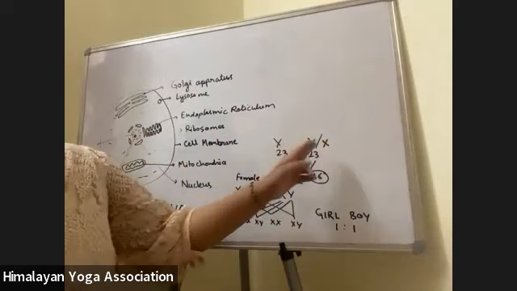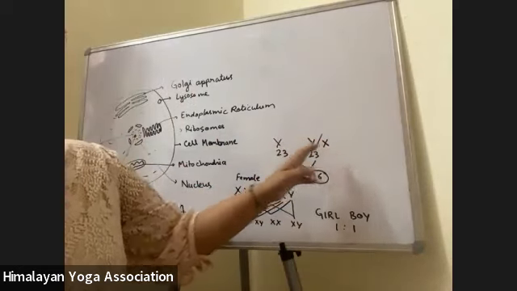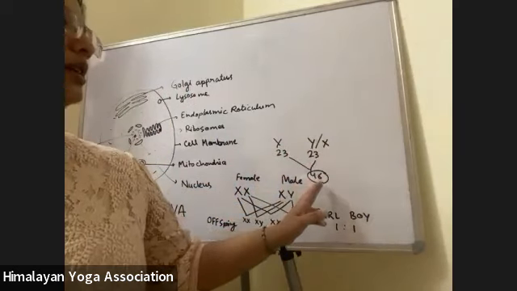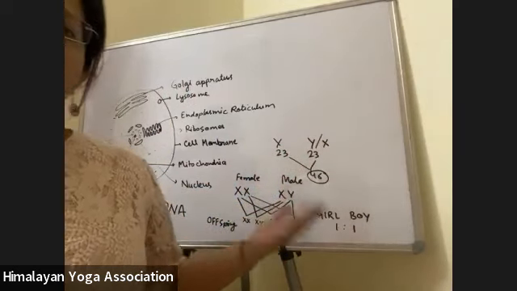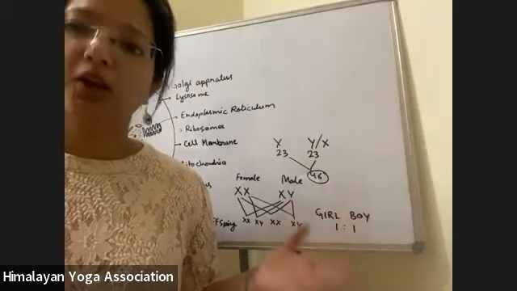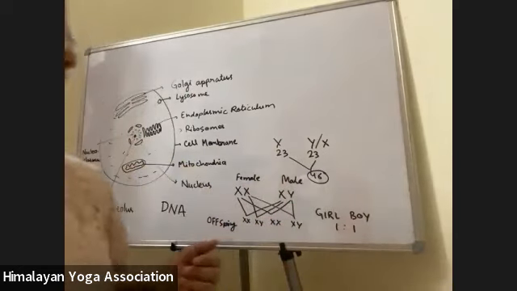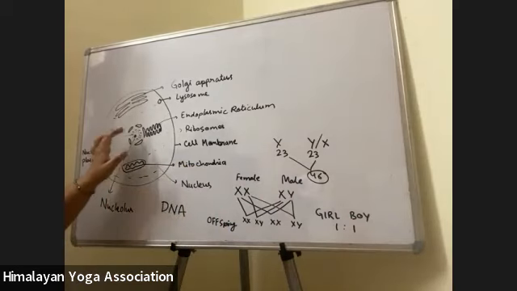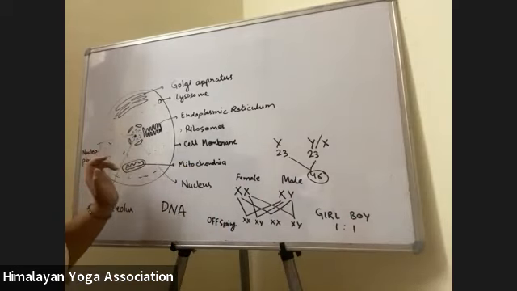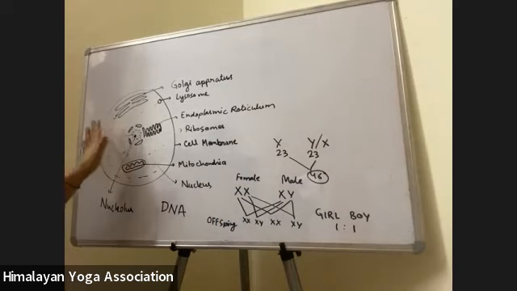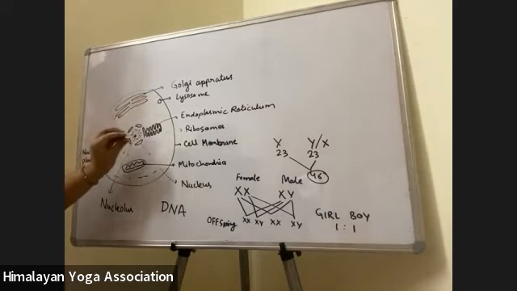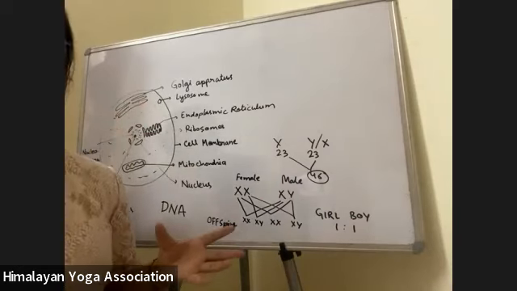So we get some chromosomes from mother, some from father, and that's why we have DNA of both of them. And this DNA is present in the nucleus. This nucleus controls all the activities of a cell.